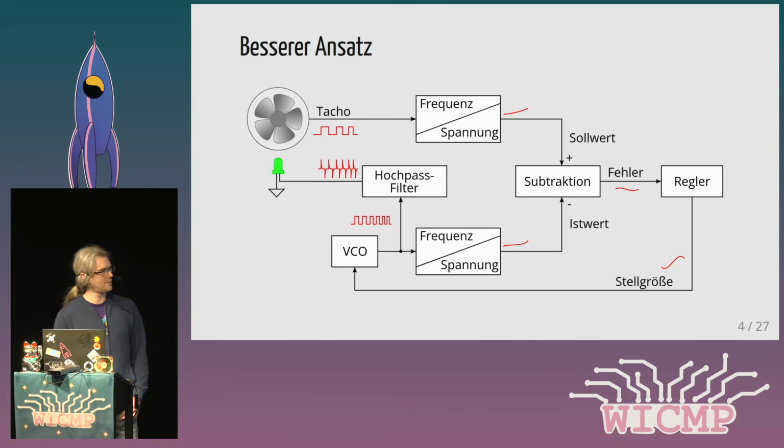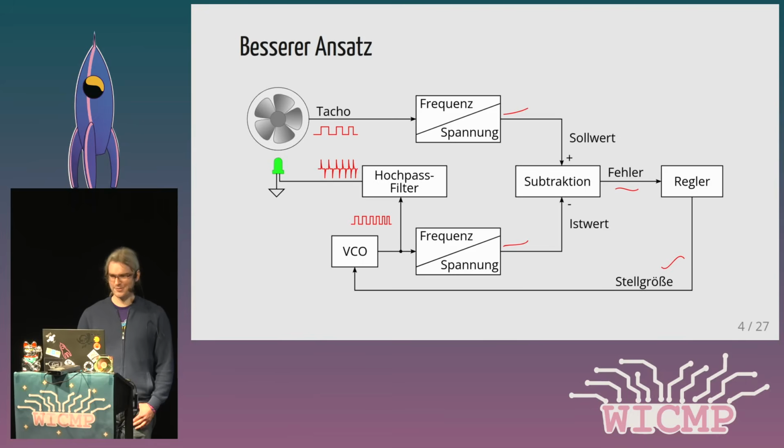This error signal is then fed into a controller which controls the set point for the VCO. So the target is always that the frequency deviation of both signals is 0. What type of controller we need here is a topic we will discuss later.